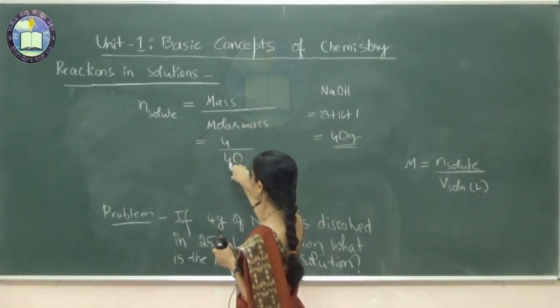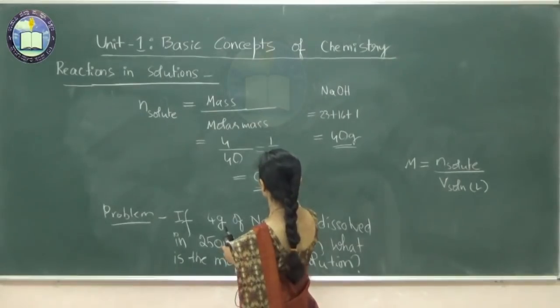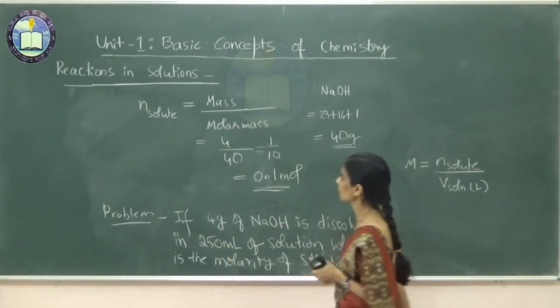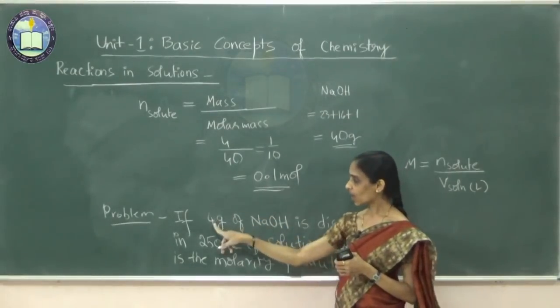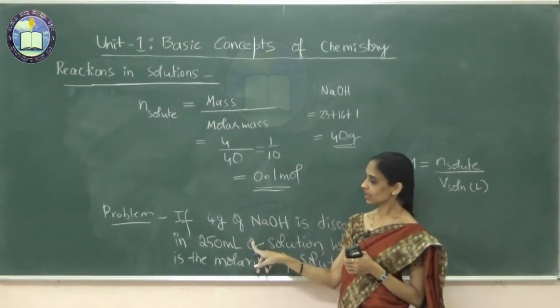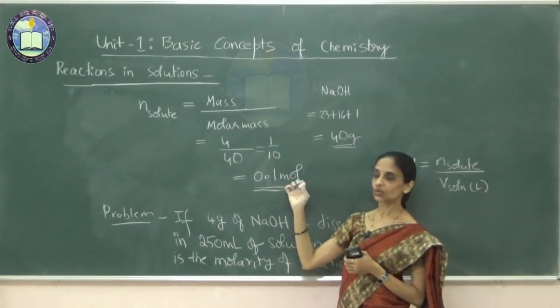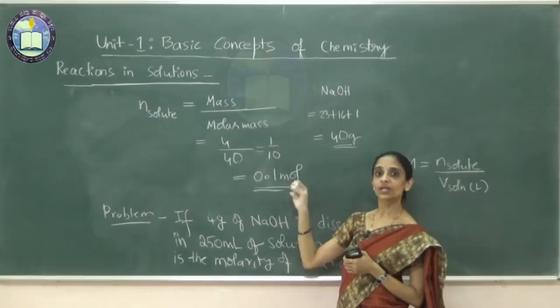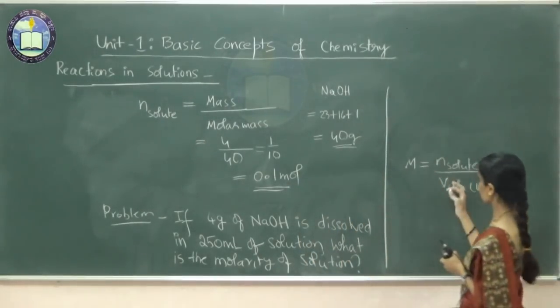So, 4 by 40, nothing but 1 by 10, 0.1 mole. So, moles were not in the problem, mass was there in the problem. We converted mass to moles. So, it is 0.1 mole. Okay. Now, I will come to the formula.